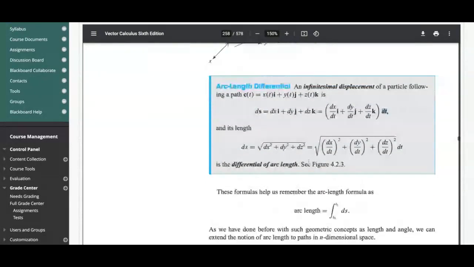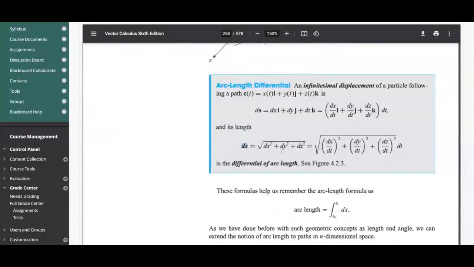And its length ds equals the square root of dx squared plus dy squared plus dz squared, or (dx/dt) squared plus (dy/dt) squared plus (dz/dt) squared, then differentiate in t. So this is called a differential of arc length, right? Differential arc length.